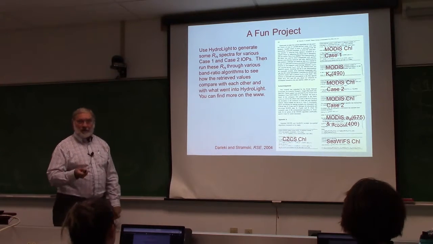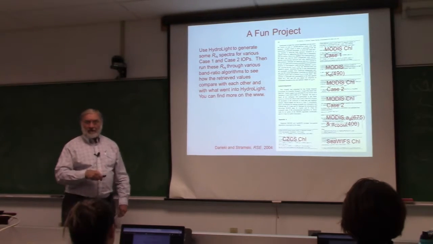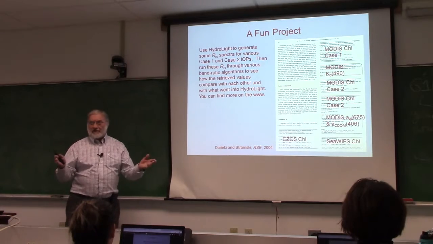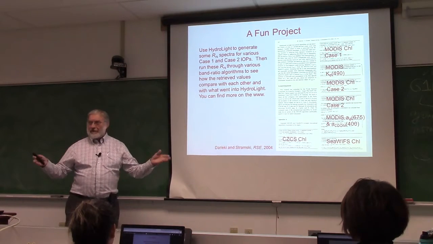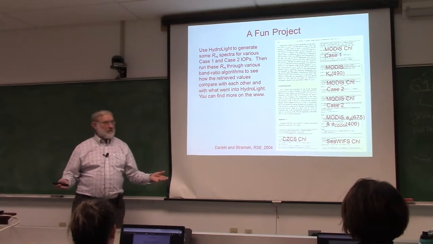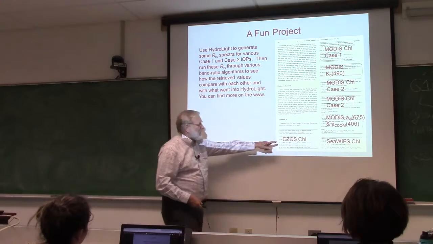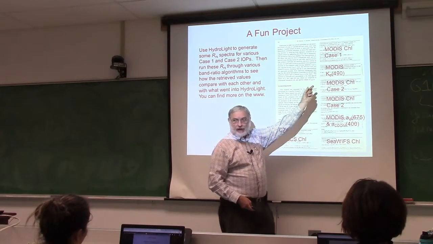So what you can do after next Wednesday is run HydroLight, put in a chlorophyll, pick some bio-optical model in HydroLight that turns chlorophyll into IOPs, and compute the remote sensing reflectance spectrum. Then take that spectrum and plug it in to these different algorithms for chlorophyll.